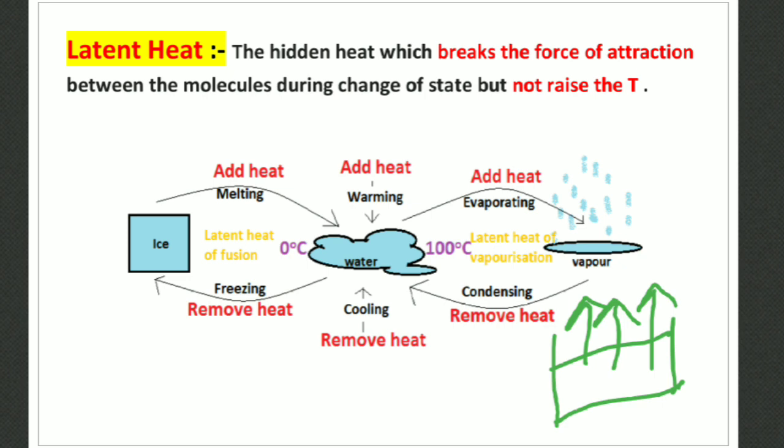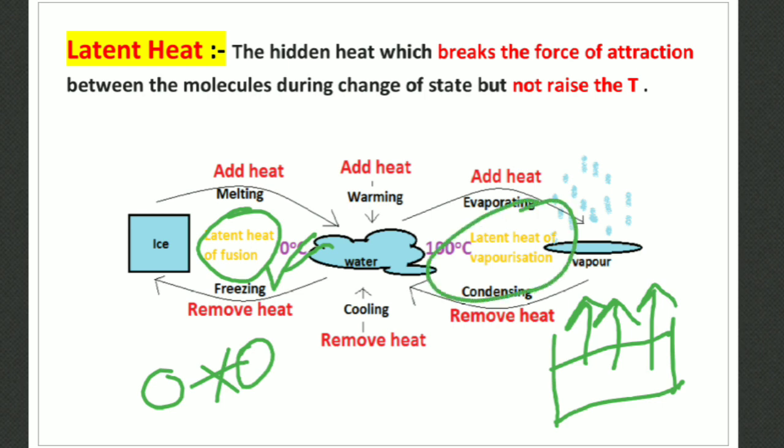Okay, here the latent heat of fusion is only used to break the bonding between the particles, and here the latent heat of vaporization is used to break the bonding as well as the force of attraction, so that they will leave the system and go to the atmosphere.